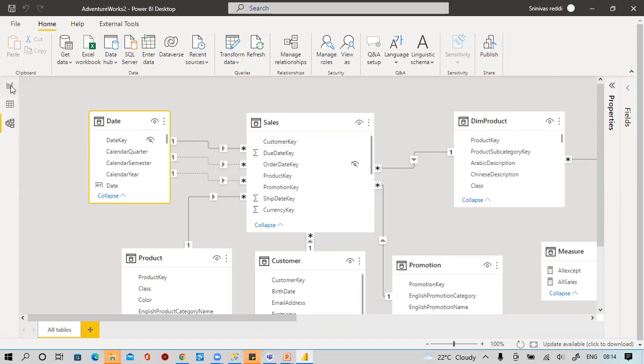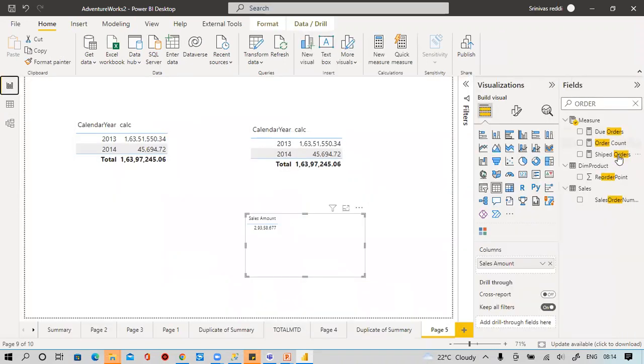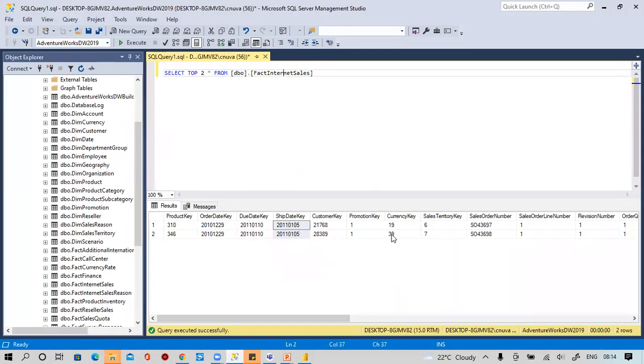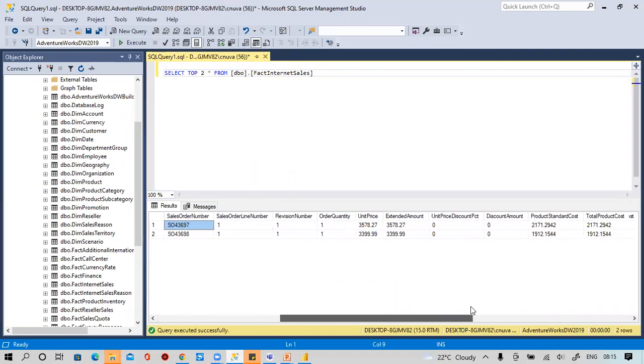All three ways. Now I add the sales order number. See, sales order number 43697 has 3578, which luckily is the same as the sales amount.